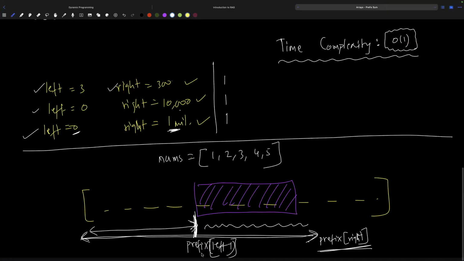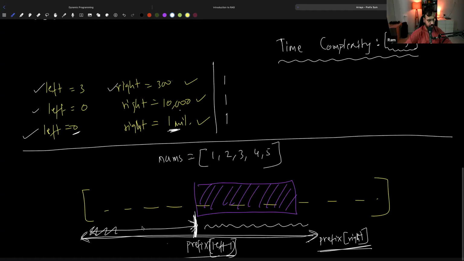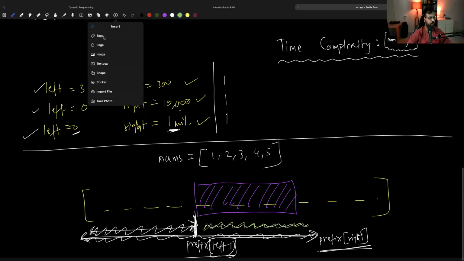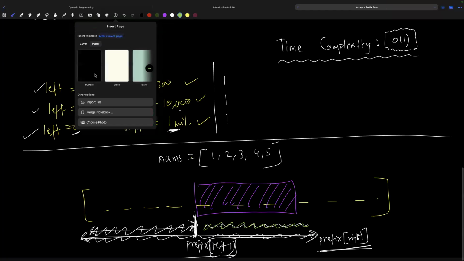If we remove this part, it will be prefix left minus 1, and this whole thing is prefix right. So if we subtract these two, then we will get this part. So we take the upper limit and subtract the one at left minus 1. Everyone clear? Got it.